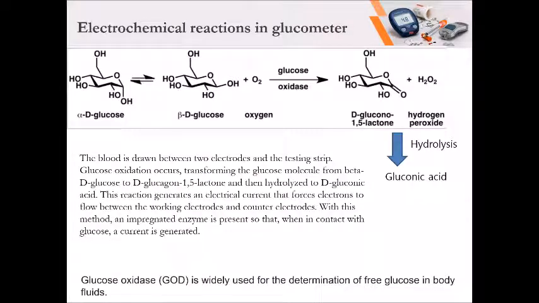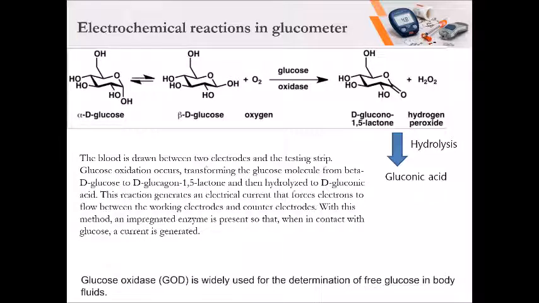This is the reaction that takes place on the strip. So here it can be seen that beta-D-glucose, which is present in the blood, reacts with the glucose oxidase in the presence of oxygen, and after the reaction it forms D-glucono-1,5-lactone and hydrogen peroxide, and it is further hydrolyzed, and finally gluconic acid is formed.